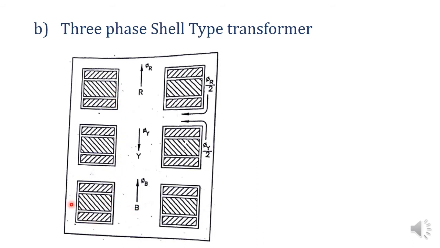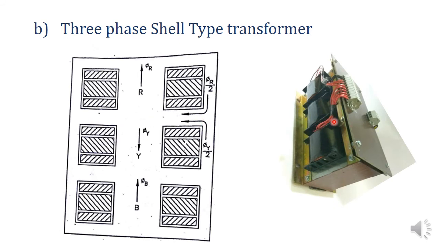That means this is a single-phase shell-type transformer, this is the second one, and this is the third one. Similar to a single-phase shell-type transformer, the central limb will have more width as compared to the side limbs. These two are the side limbs, and this is the central limb.